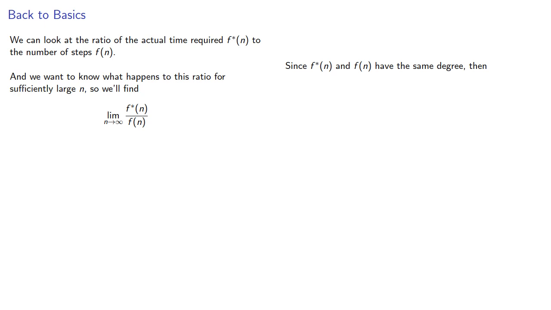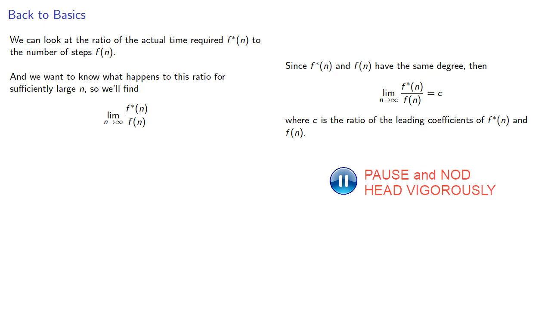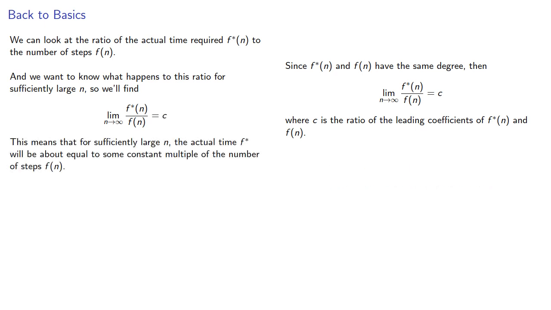And since f star and f(n) have the same degree, then the limit as n goes to infinity of their quotient is going to be some constant c, which will be the ratio of the leading coefficients of the two polynomials. So this means that for sufficiently large n, the actual time f star will be about equal to some constant multiple of the number of steps.